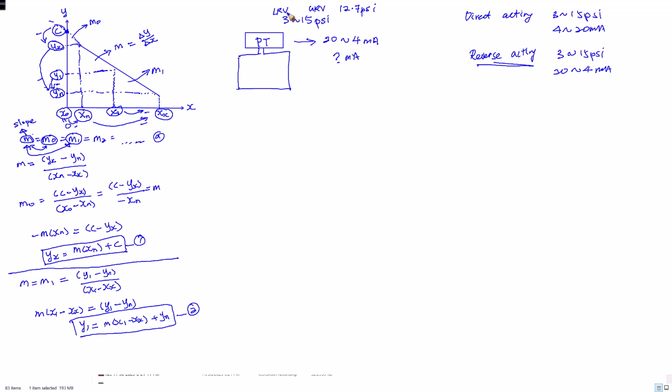For this, we can treat the psi either as a y value or an x value, and we can also treat the milliamp value as x or y. It's up to you. Let's say I treat this psi pressure value as my y value. So yn, the minimum y, will be equal to 3 psi, and yx, the maximum y value, will be 15 psi.